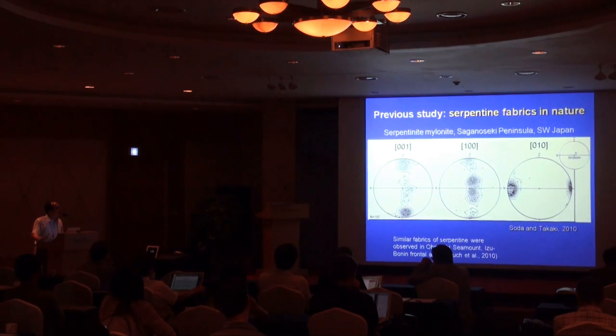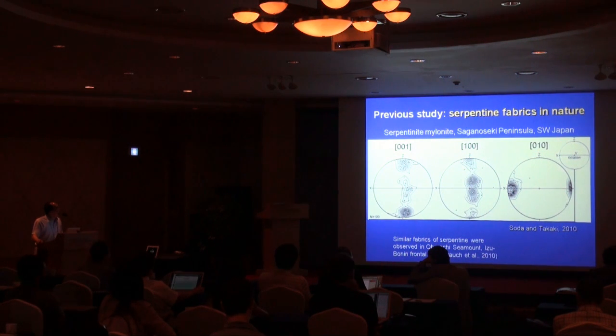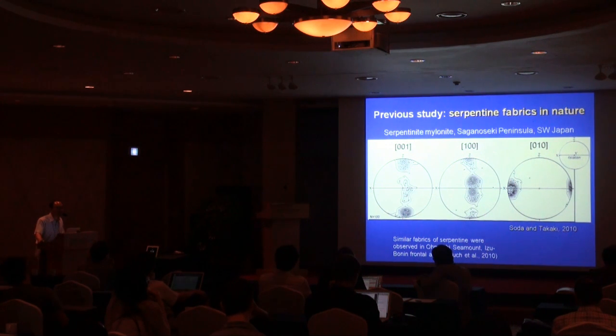There are also some studies on natural fabrics recently reported. Here, Soda and Takagi looked at serpentine fabric in the Sakanosaki Peninsula in Japan. If you see here, the 001 axis is aligning subnormal to foliation, which is consistent with the experimental fabric.